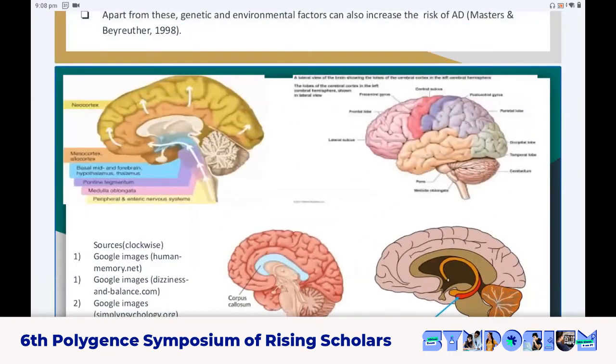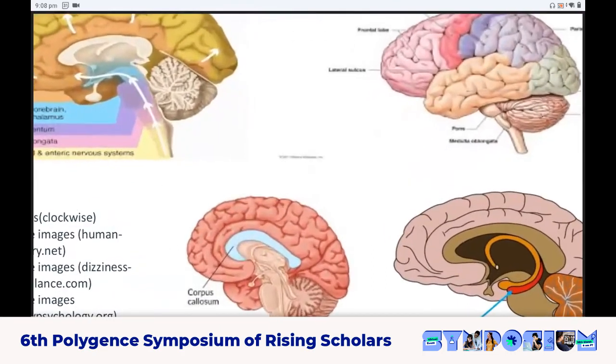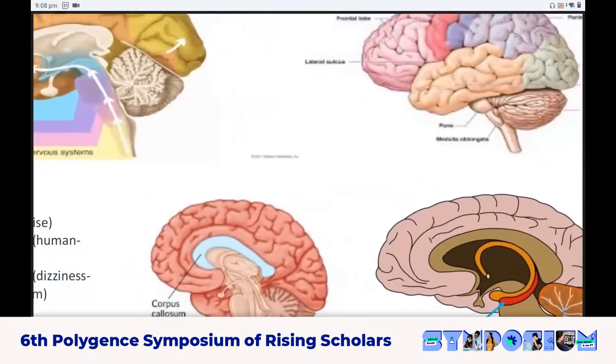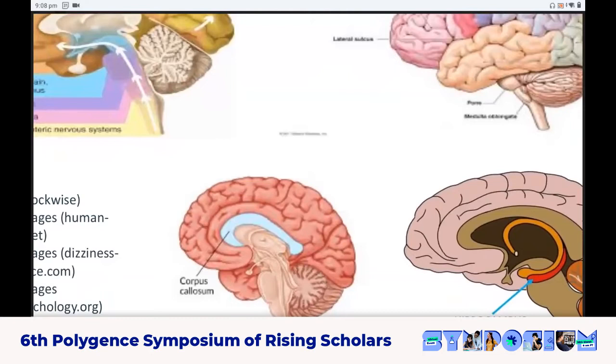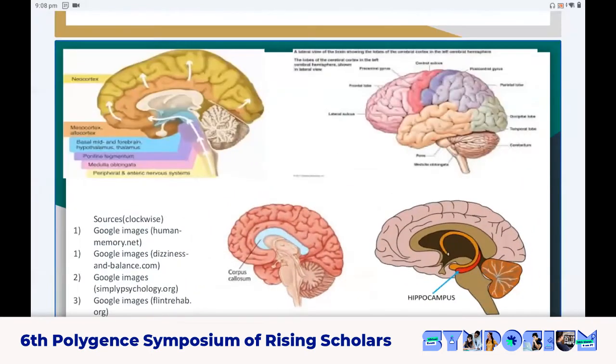Then the hippocampus is the reddish line at the base of this third structure, and then the corpus callosum. In these four regions and other regions as well, neuronal loss occurs, which causes the symptoms that were described earlier.